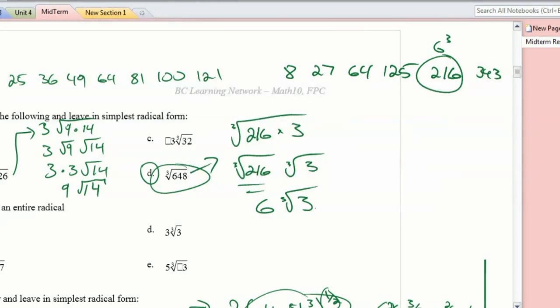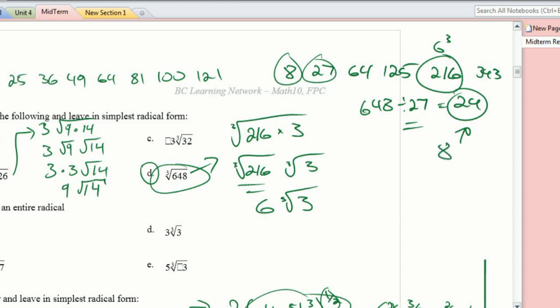Now, I tried 27 and it went in, but I noticed when I divided 648 by 27, I ended up with an answer of 24. And I said, oh, 8 goes into 24, so I haven't picked the largest perfect cube at 27. 27 wouldn't have been the largest perfect cube because I can break 24 down into 8 times 3, and 8 is a perfect cube.